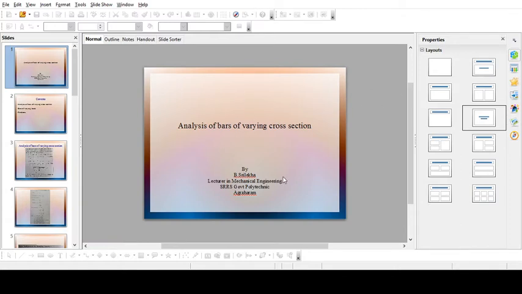Then, using the condition that the total extension is increasing by 20%, the next extension would be 1.2 into delta L. With that, we have to find the L value. So let us do this.